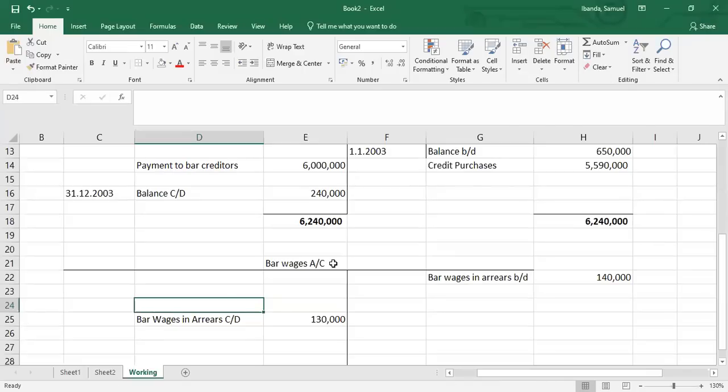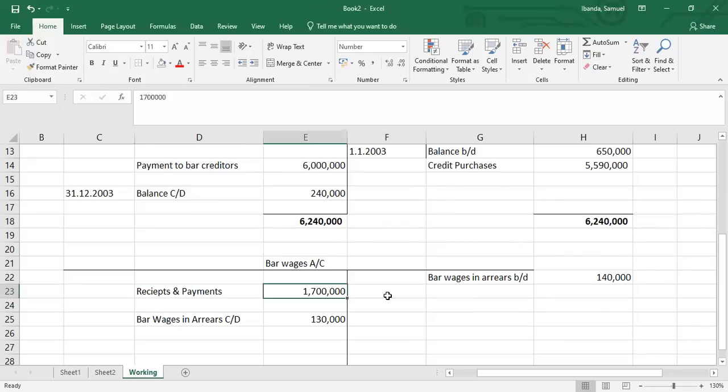So any payment for wages is debited. So I'll come here and put it under receipts and payments. This is coming from the receipts and payments, or the bar wages that were paid in the period, which we have gotten to be 1.7. Or you can call it cash or bank, depending.